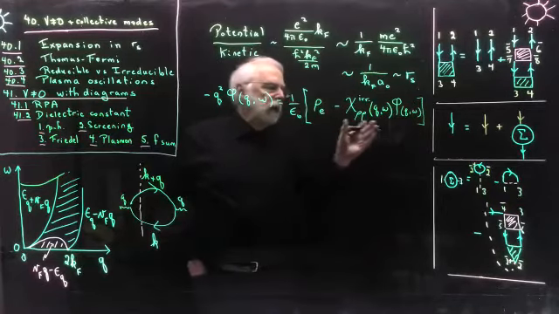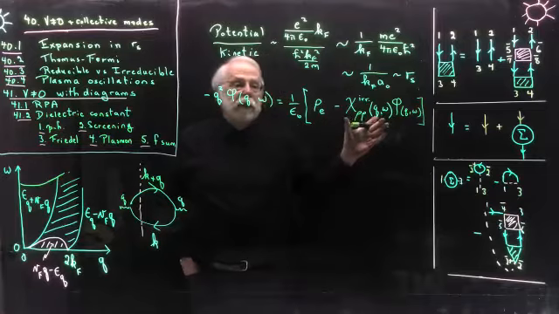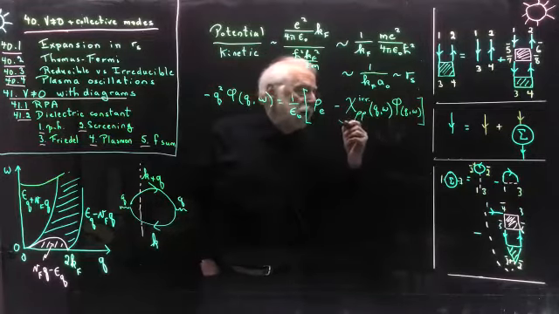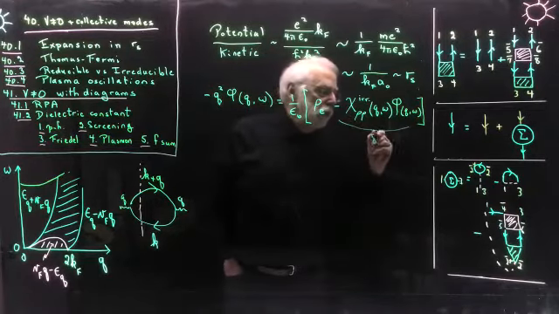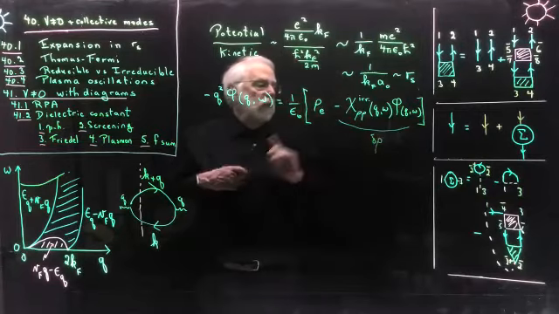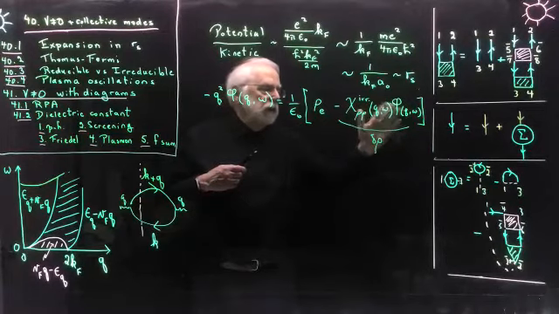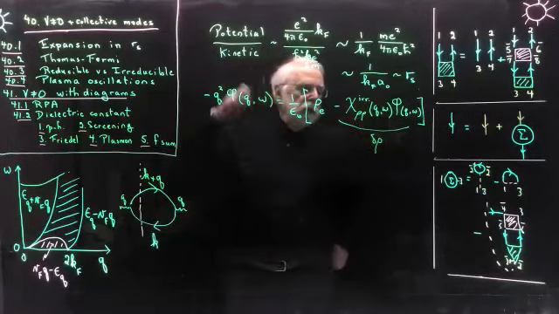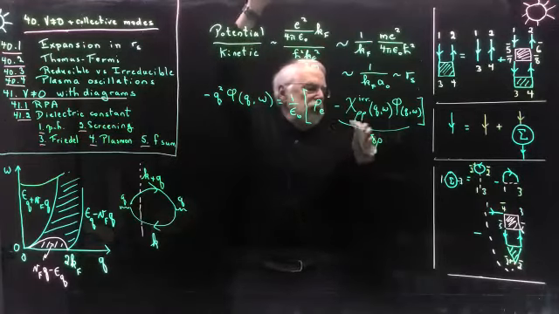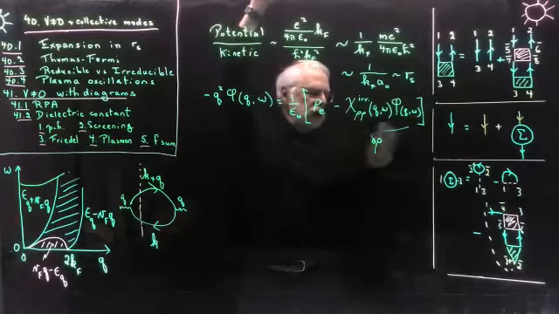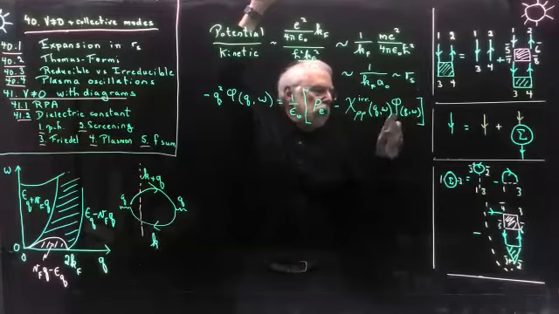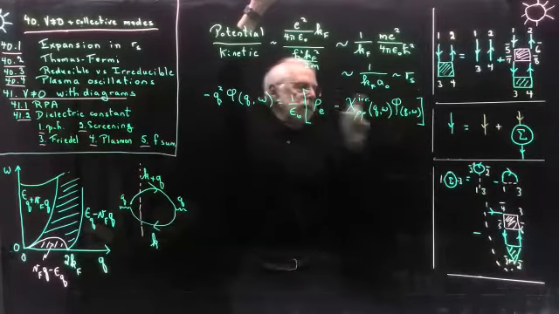I'm using linear response theory to write that this is delta rho. Because the coupling between the potential and the charge is phi, this is linear response theory. And here you see I write the response to the self-consistent field.